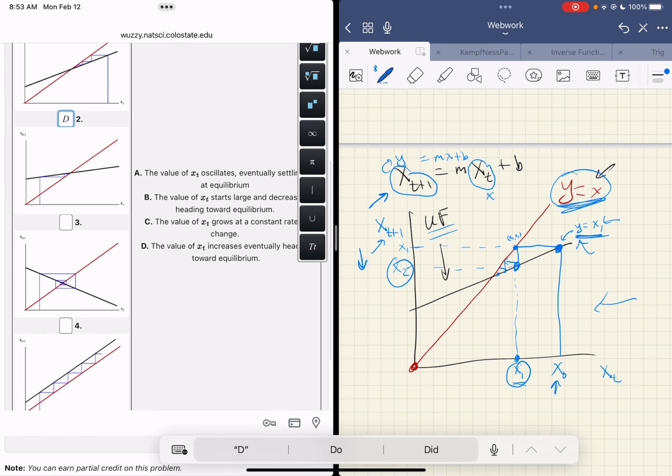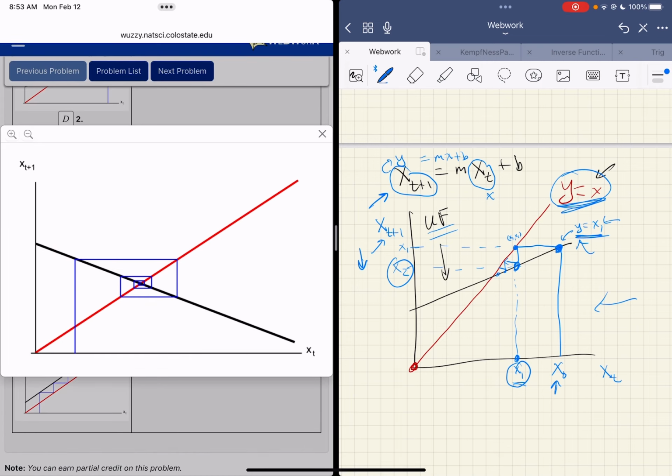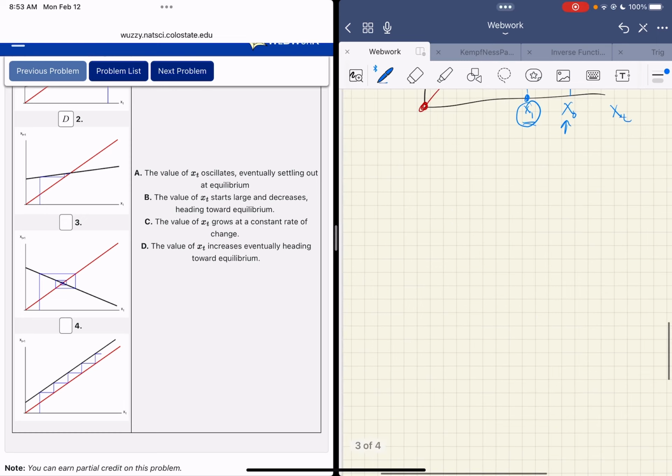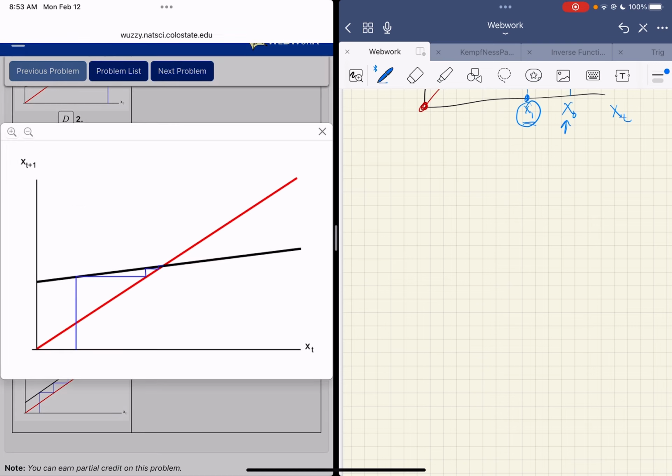And you might ask yourself, why did it not say C, the value x t grows at a constant rate of change? Well, for starters, it's not growing at a constant rate of change. Let's graph this really quickly. In fact, we want to look at the change in y values from every time we hit the black line.